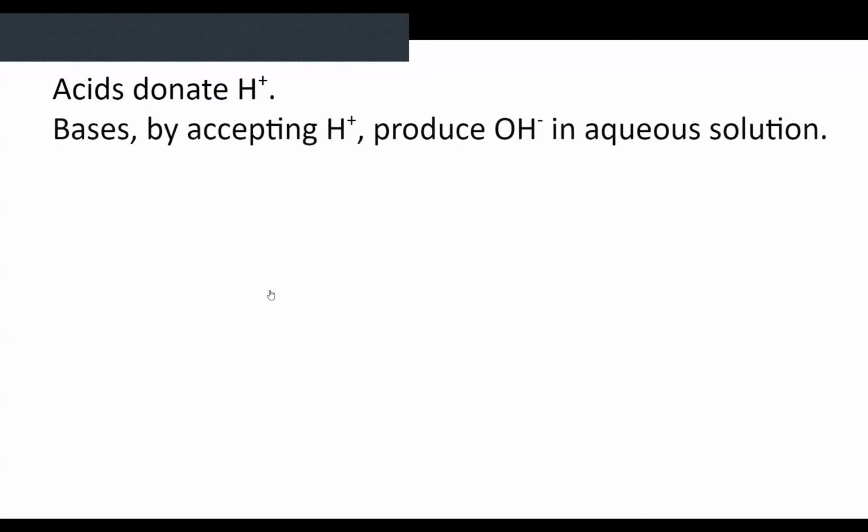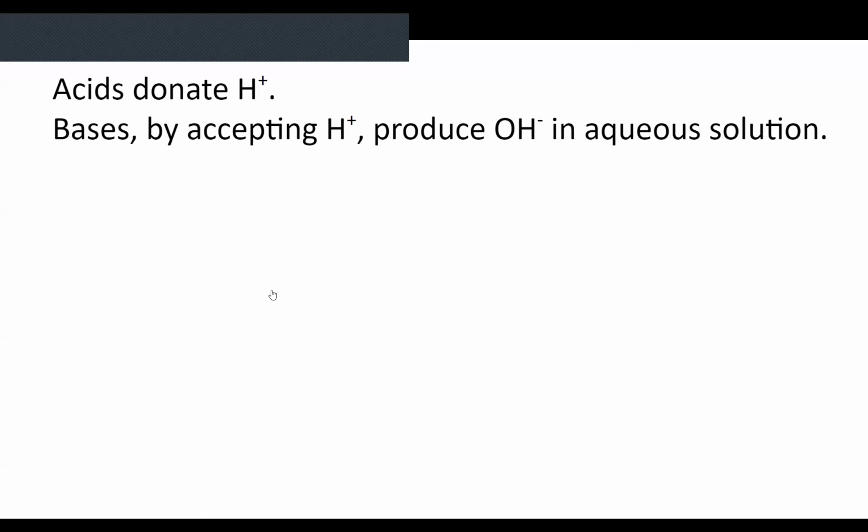In this video, we're going to talk about the pH scale and what it means in relation to acids and bases. Recall that acids are substances that donate or give off H plus ions in solution. Bases are substances that accept or receive H plus. If bases act in the presence of water, that means they're in aqueous solution.